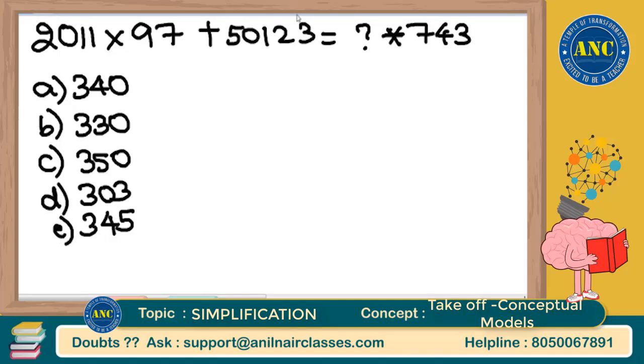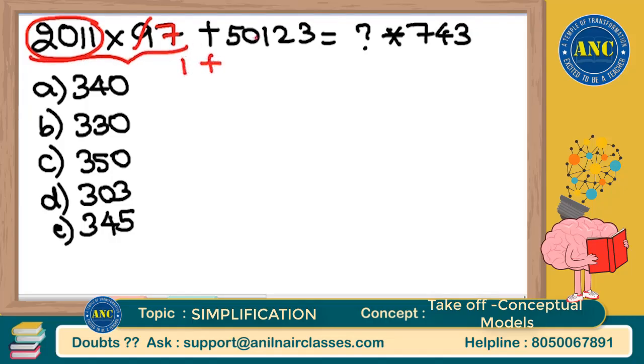Can I say that if I apply digital sum, 2011's digital sum is 4. In 97, 9 can be deleted. 4 into 7 is 28. 28 is 2 plus 8, 10. 10 is 1. This entire digital sum is 1.